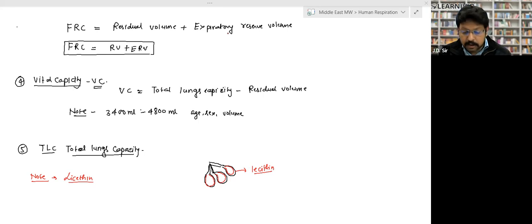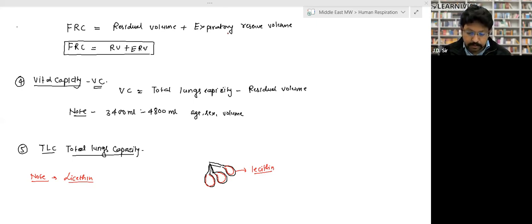However, in some newborn babies, the film of lecithin may not be present.